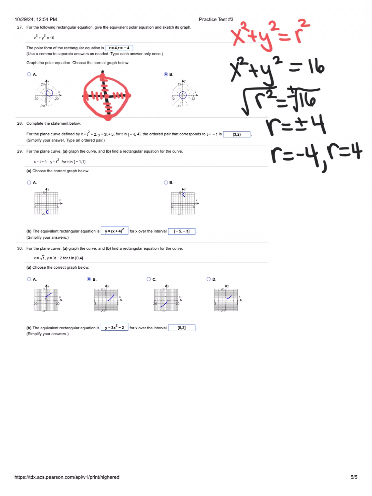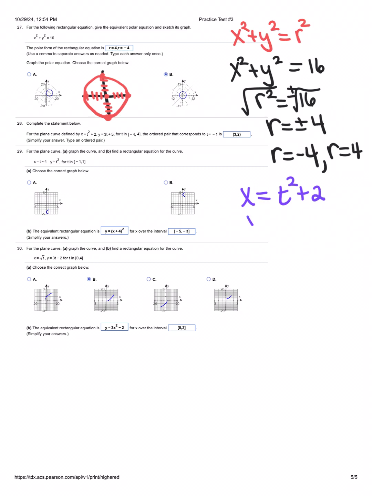Number 28, for the plane curve x equals t squared plus 2, y equals 3t plus 5, for t in between negative 4 and 4, we're going to write the ordered pair that corresponds to t equals negative 1. So we have that x is equal to t squared plus 2.